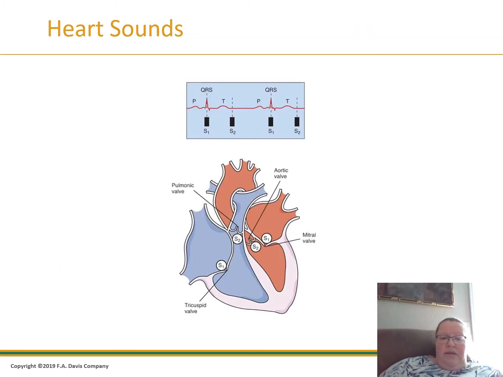So here's the heart sounds, right? And remember I was telling you when you're listening to S1, S2, S3, S4, these are all the valves that you're trying to hear. Remember the tricuspid, the semilunar valve, the bicuspid, and then of course the aortic valve is your S2.